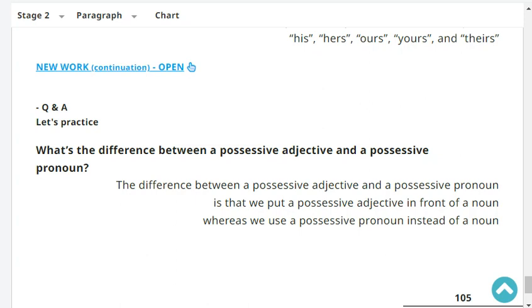What's the difference between a possessive adjective and the possessive pronoun? The difference between a possessive adjective and a possessive pronoun is that we put a possessive adjective in front of a noun, whereas we use a possessive pronoun instead of a noun.